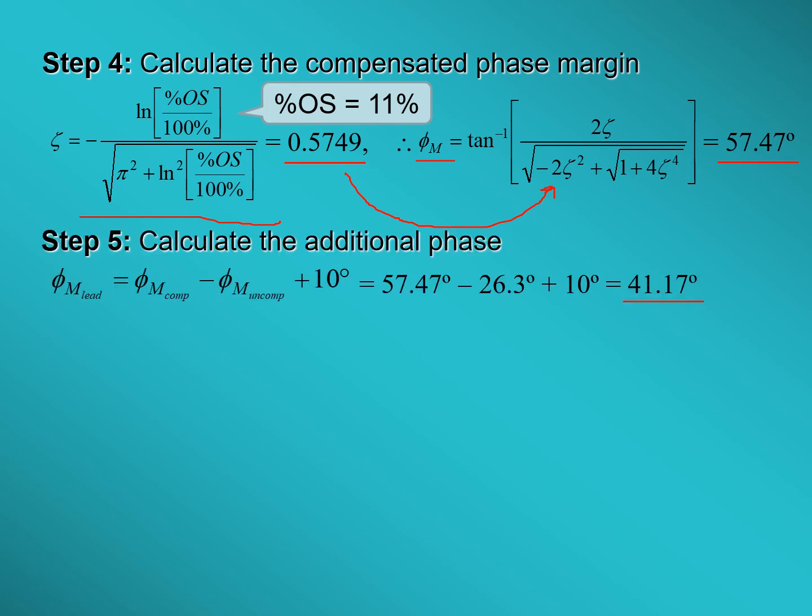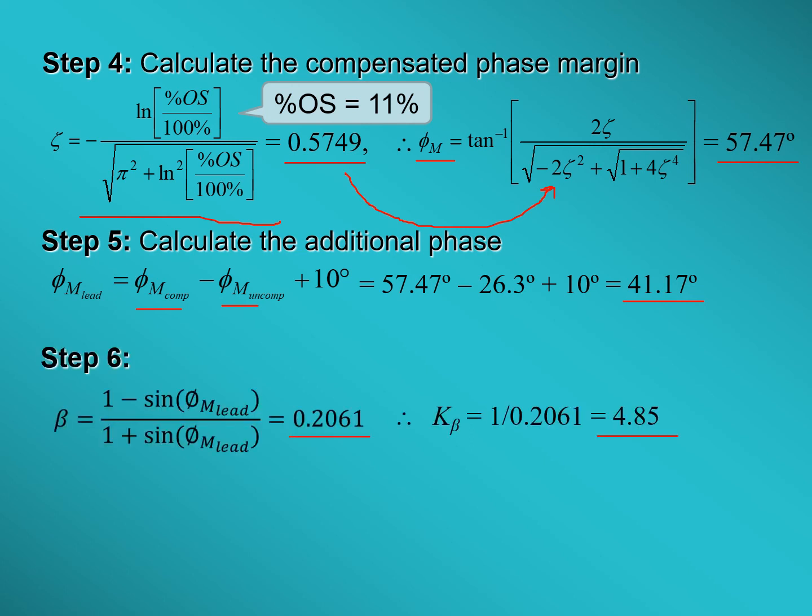Then step number 5, calculate the additional phase. Since you already know this value and also this value, you can find the phi m lead is 41.17 degrees. Then step number 6, find the value of beta using this formula.